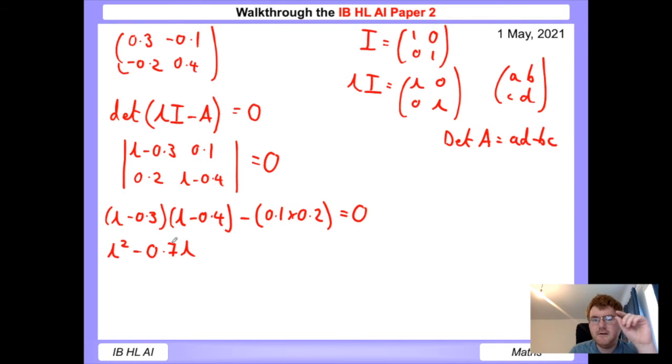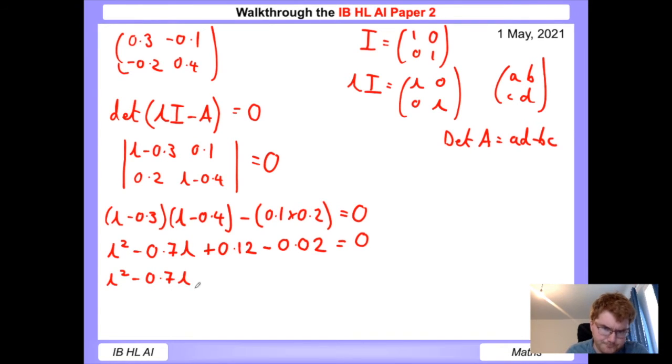Now be very careful here. Minus 0.3 times minus 0.4 is plus 0.12. Don't make silly mistakes at this point. It will have a huge effect on the rest of the question. Minus, well, 0.1 times 0.2 is 0.02. Again, being very, very careful. We simplify this down, giving us lambda squared minus 0.7 lambda plus 0.1 equals 0.